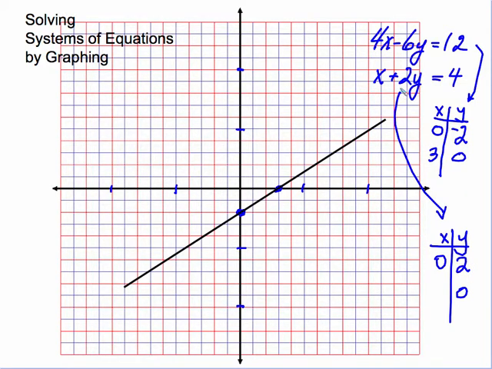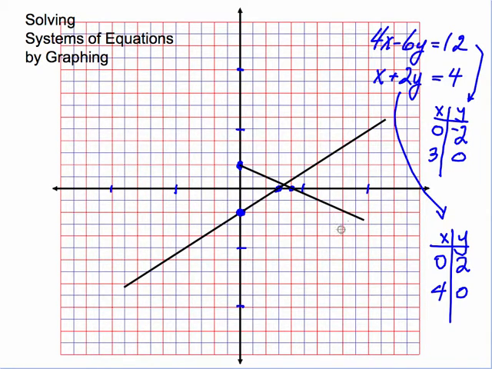And if we make y 0, then we have x equals 4, so that was easy. And now we'll plot the points 0, 2, that would be right there, and the point 4, 0 would be right there. And let's draw that line.